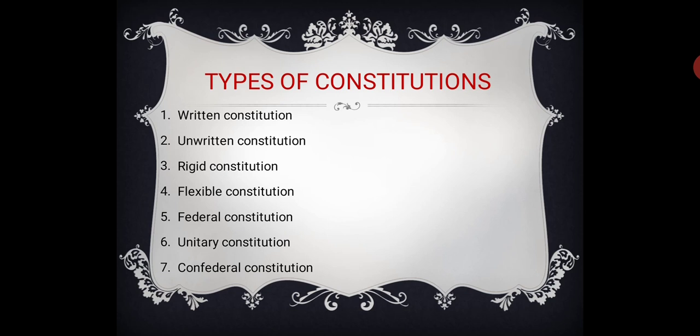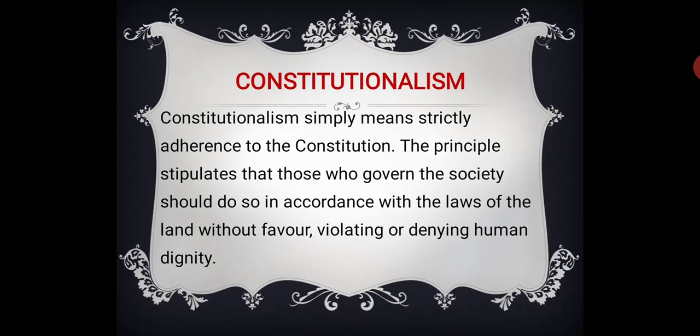We have come to the end of this class, and I believe the aim of this class is achieved. You've come to know the definition of a constitution, what a constitution is, and also the sources of constitution.